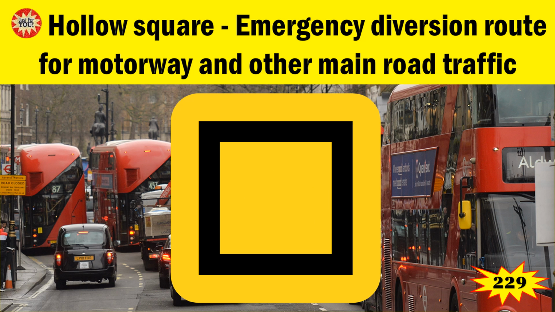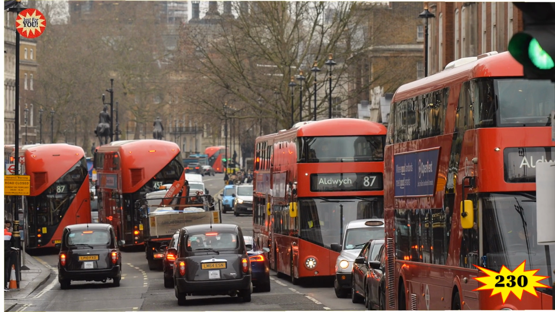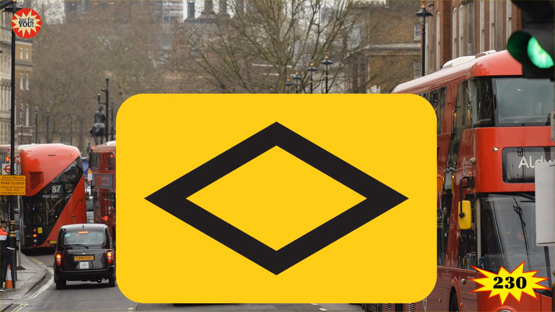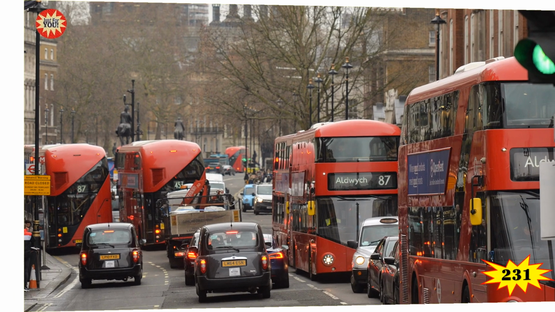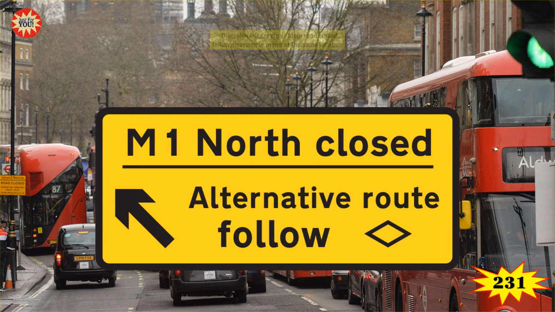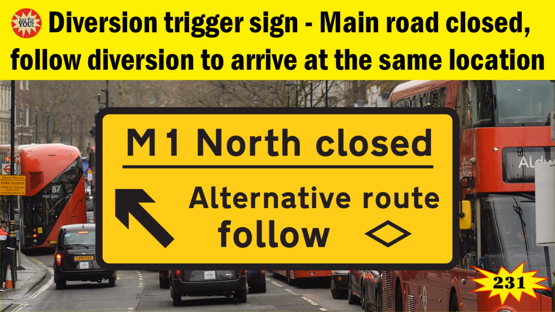Hollow square, emergency diversion route for motorway and other main road traffic. Hollow diamond, emergency diversion route for motorway and other main road traffic. Diversion trigger sign, main road closed, follow diversion to arrive at the same location.